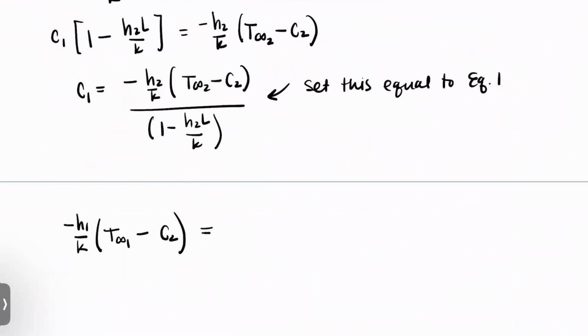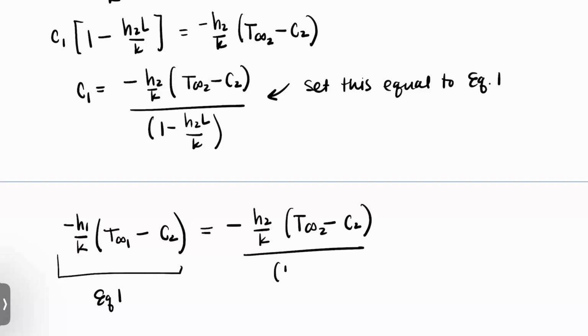All right, so this is equation 1, and this is going to be equal to minus H2 over K, T infinity 2 minus C2, divided by 1 minus H2L over K. I can multiply both sides by K and get rid of it in the numerator.